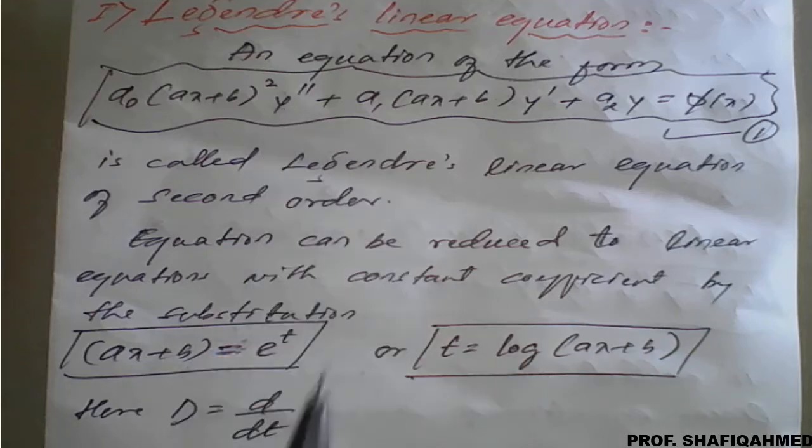And one more thing: here we know that y double dash is there. This y double dash is supposed to be replaced in terms of capital D, where capital D stands for d by dt. So capital D stands for differentiation of any function with respect to t.